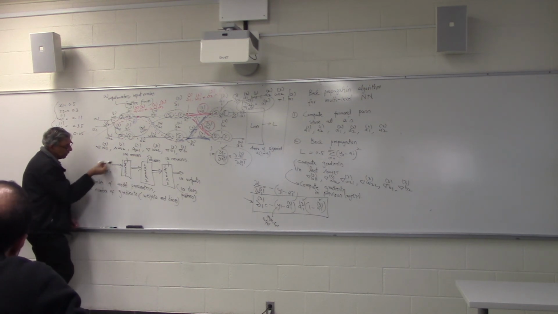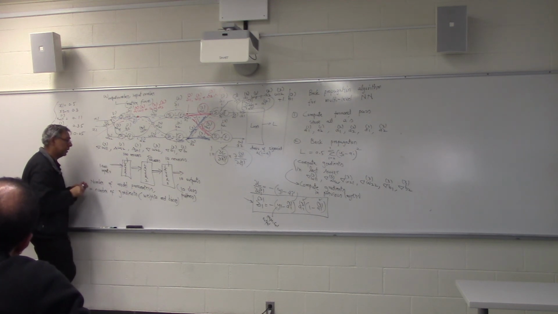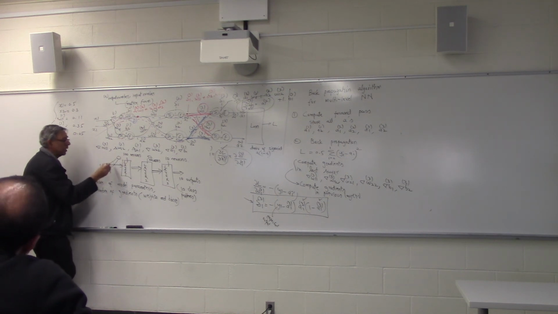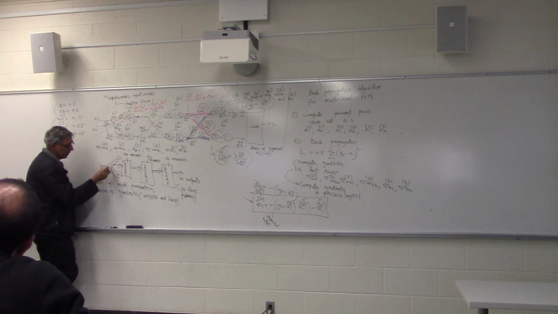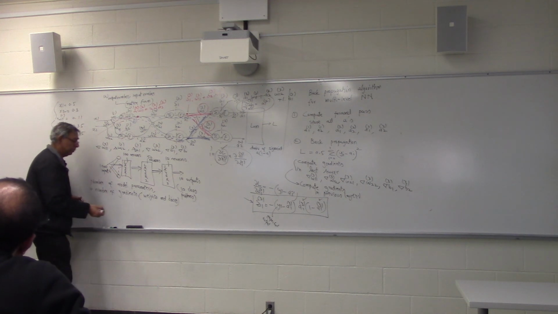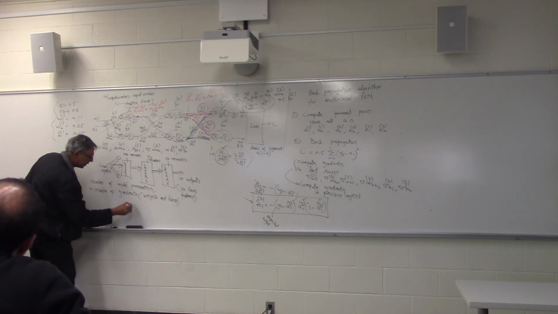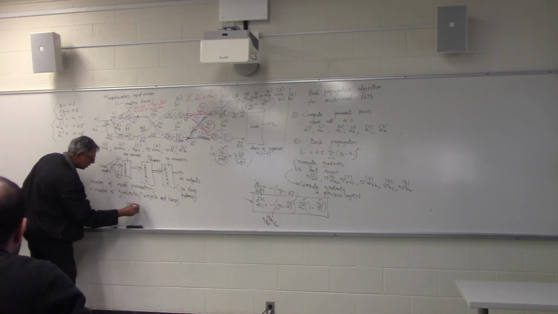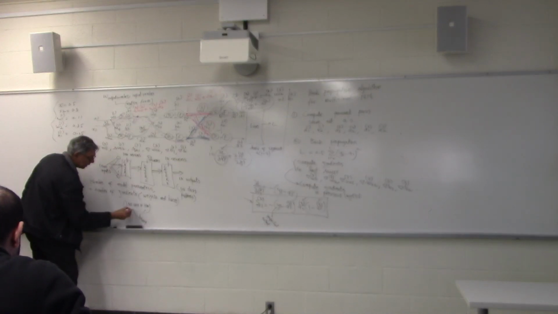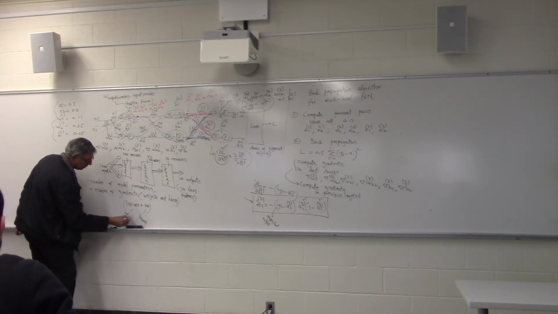These 1,000 inputs will go to each one of these 100 neurons. If there's a neuron over here, all these 1,000 inputs become the input to this neuron, right? So 100,000 plus 100 biases will be the number of parameters. These are the biases, and these are the weights in the first layer.